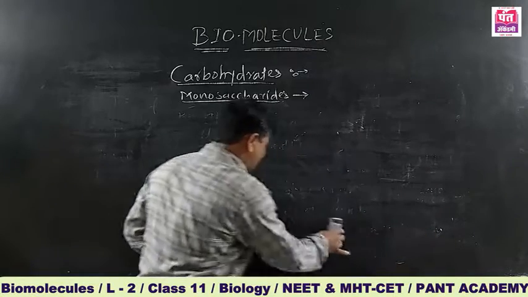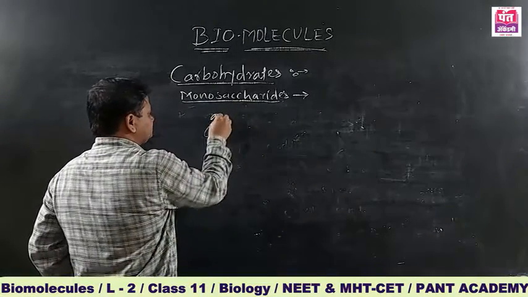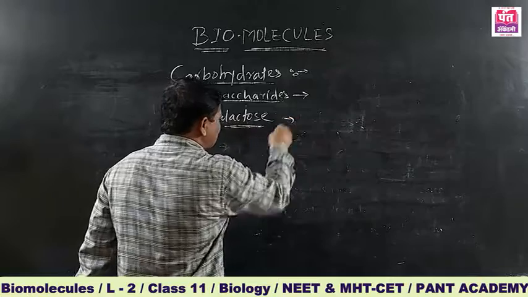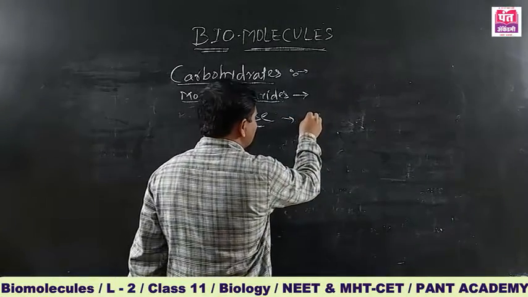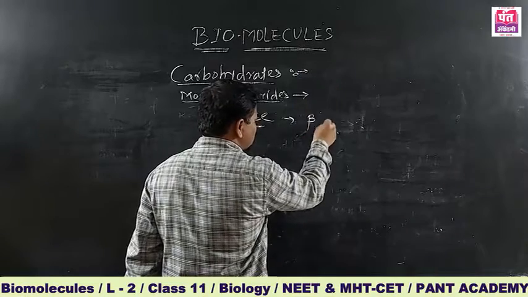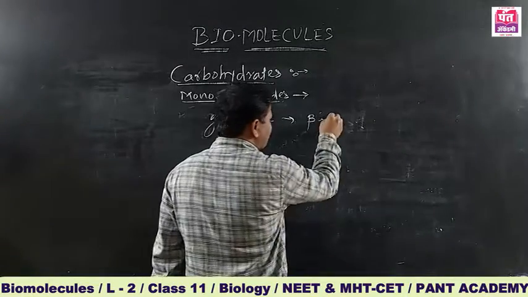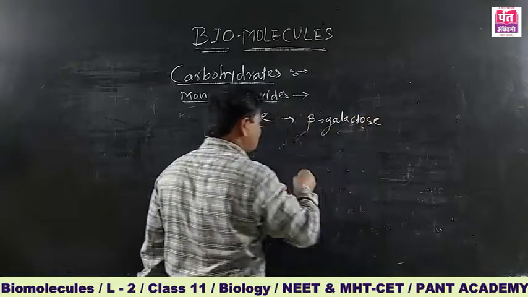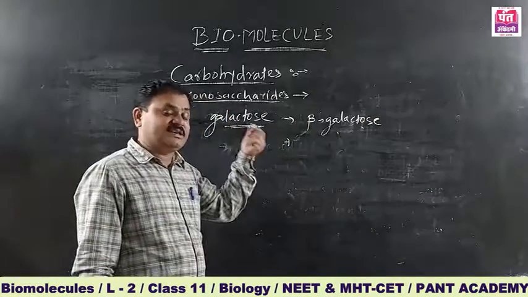The second type of monosaccharide is galactose. It is an isomer of glucose, but it is a beta isomer of glucose, we can say. Especially the beta conformation of galactose has the same number of carbons as glucose.